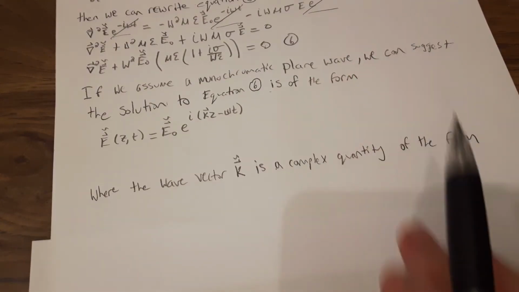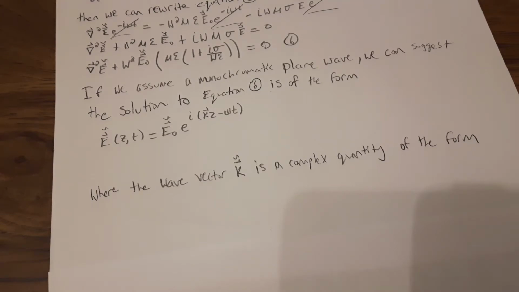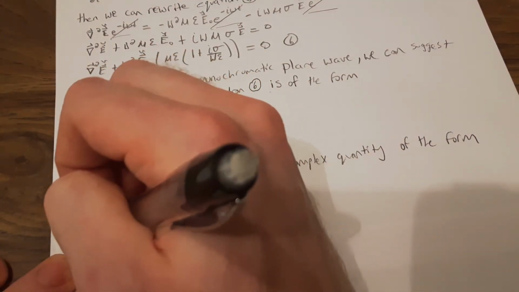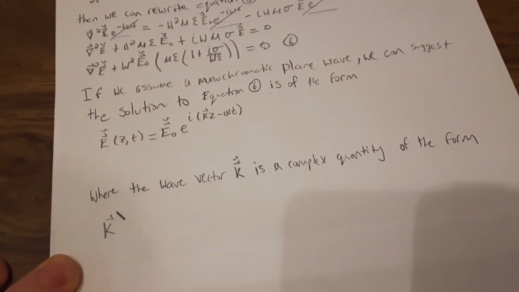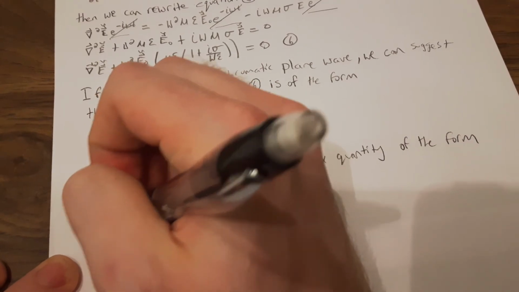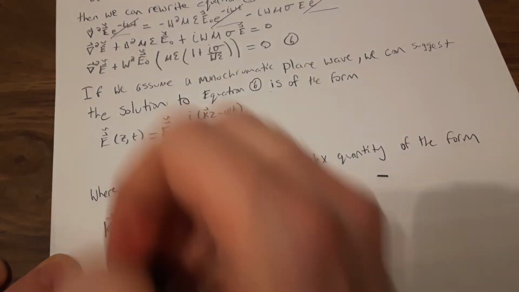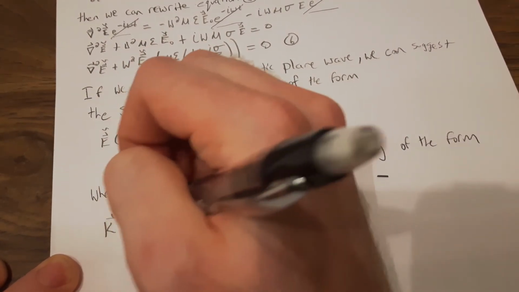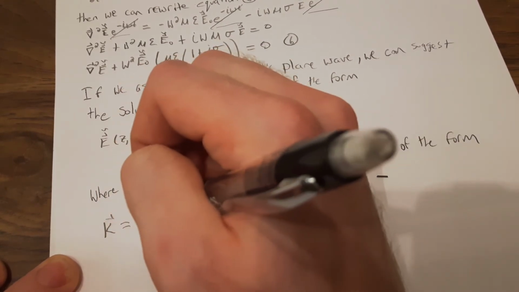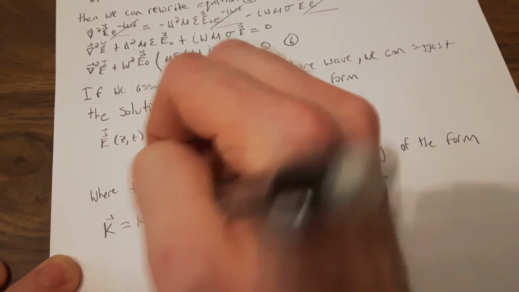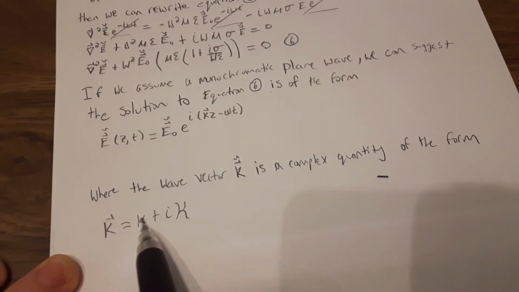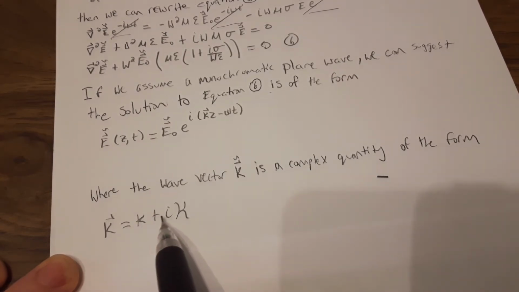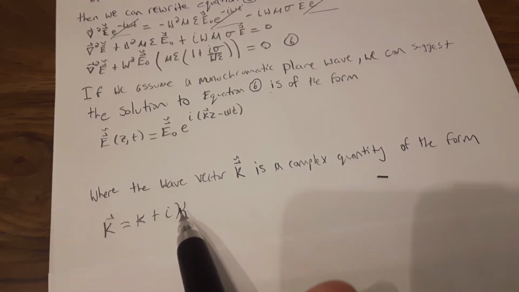But the wave vector k is now a complex quantity of the form k equals k plus i kappa. So the wave vector k is equal to a real k plus i kappa.